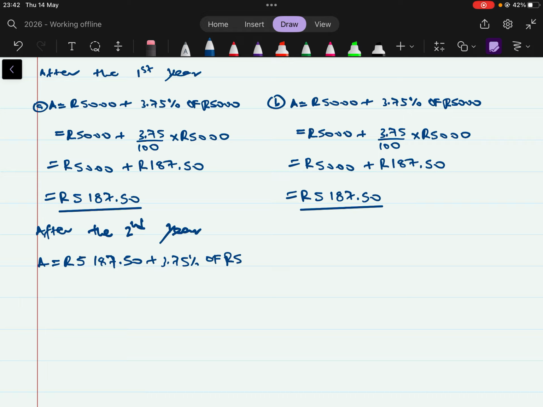Of the original amount. This is where the main difference comes in, is that with simple interest you have the balance at the beginning of that year, which is 5,187.50 plus 3.75% of the original amount. The interest rate is always on the original amount. The original amount, we started with 5,000 Rand, which is what was invested. Hence, we are always going to reference that.